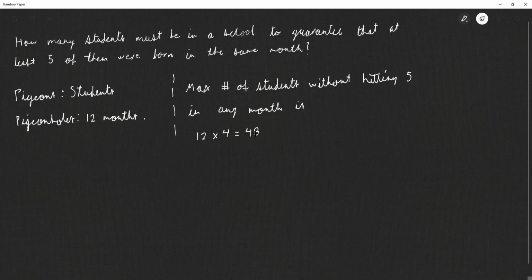So this is going to give us 48. So with 48 students, it's possible that each month has exactly 4 students, and no month has 5 yet.